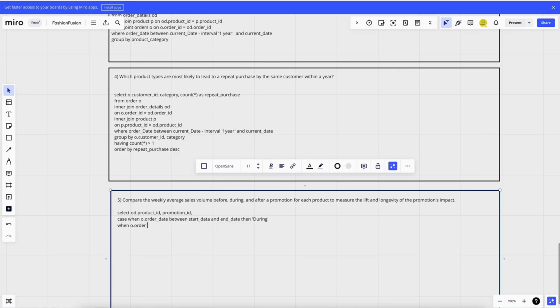When order date is less than start date, then before, else after. I'll just call this promotion period.